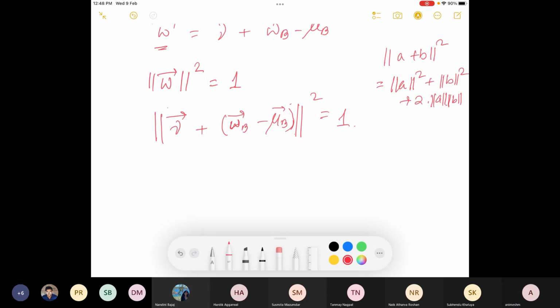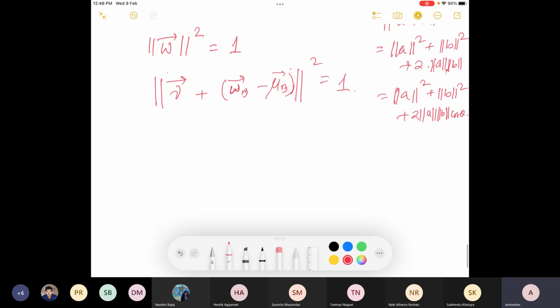Or, if we remove this dot, then if we express this as a product, it is cos theta, because that's the dot product.